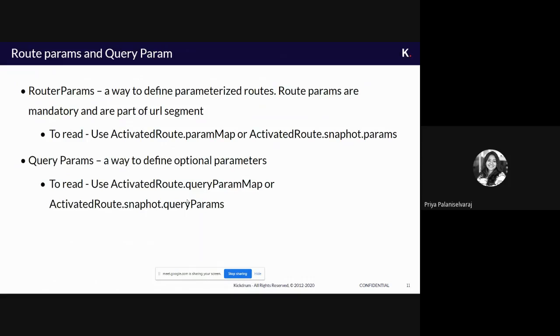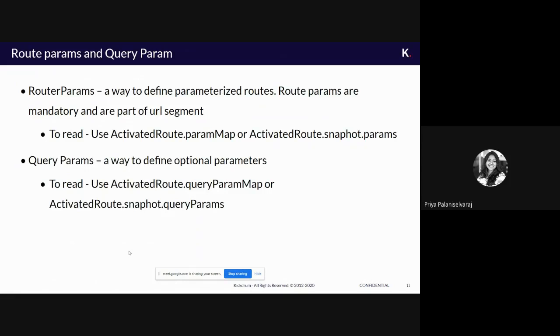To access the data, you have to use ActivatedRoute.queryParamMap, otherwise ActivatedRoute.snapshot.queryParams. The difference between them is that queryParamMap returns an observable, while the snapshot returns you all the values directly.